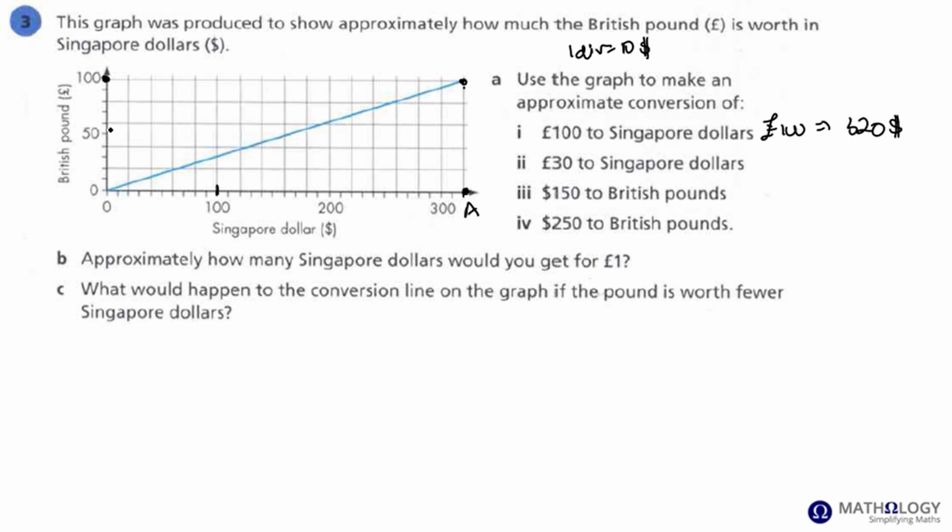30 pounds to Singapore dollars. So 30. If we look at these divisions here, we have 1, 2, 3, 4, 5 divisions, which means each of these divisions is also 10 on the y-axis. So to get to 30, we go to that point over there.